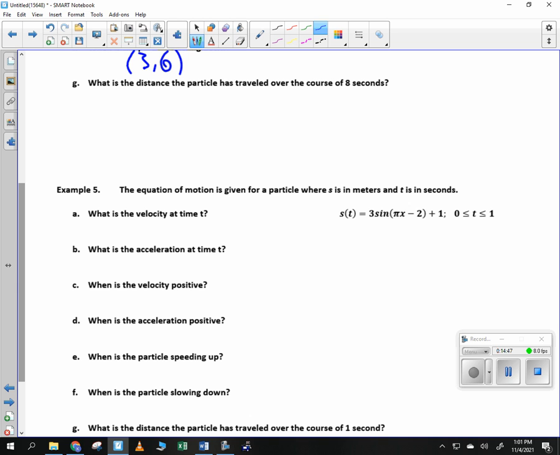Okay? So what you need to do in this situation is consider position, which is your S function, and you need to consider v of t, which is your velocity function. Okay?